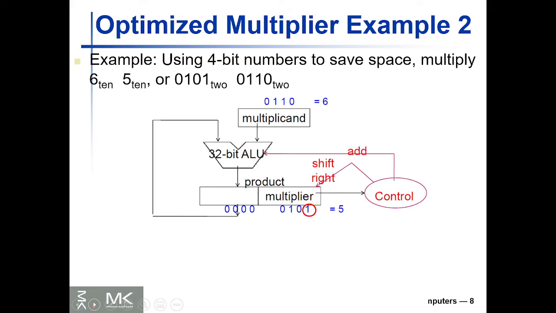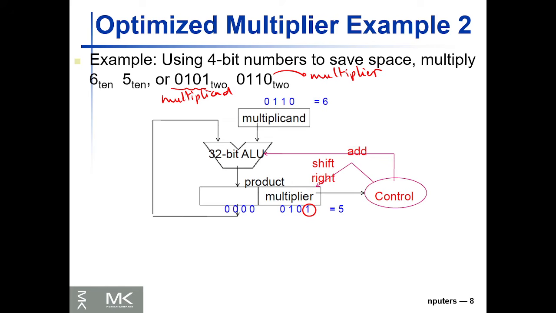Good. Another example. Now we're going to do this on the circuit itself, so we can see how the circuit behaves. We're going to multiply 6 by 5, considering the 6 as our multiplicand and the 5 as our multiplier. Can we switch them? Yes, we can.